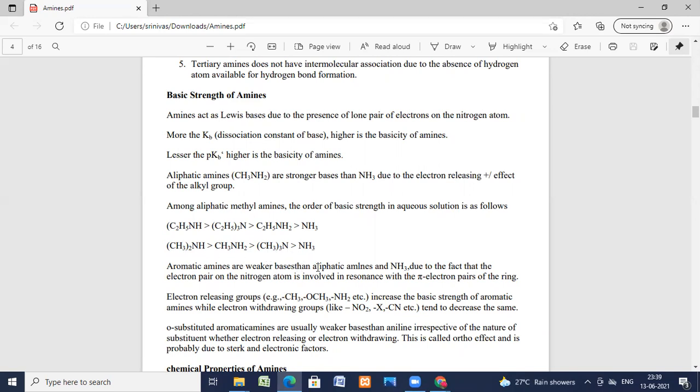Aromatic amines are weaker bases than the aliphatic amines and NH3. This is due to the electron pair on the nitrogen atom being involved in resonance with the pi electron pairs of the ring. Electron releasing groups, that is methyl, methoxy, and NH2 groups, increase the basicity of the aromatic amines, while electron withdrawing groups tend to decrease the same.